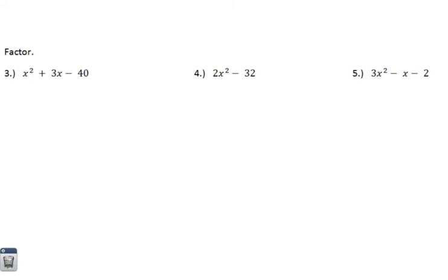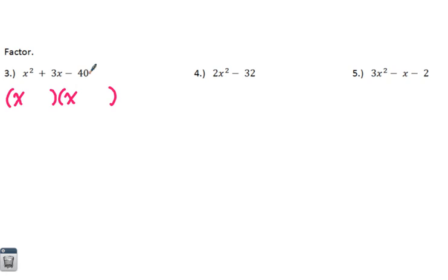And if there is a GCF, you should factor that out first as a general rule. So number 3, is there a GCF? No. So if this is going to factor at all, it's going to be by unfoil, or making a couple of bubbles. So in this case, this is where if the bubbles are going to start off with X and X, that makes it pretty quick and simple to make your bubbles.